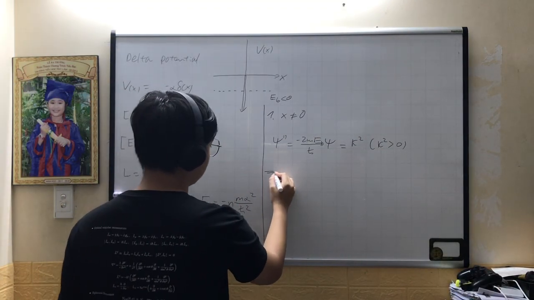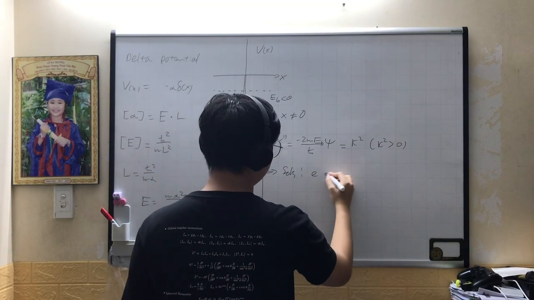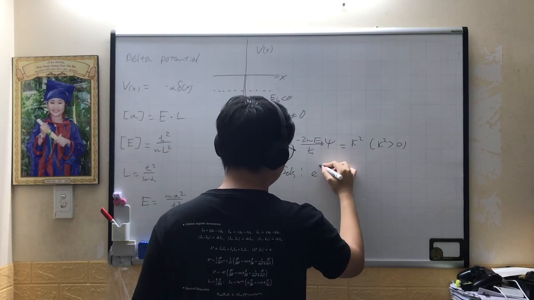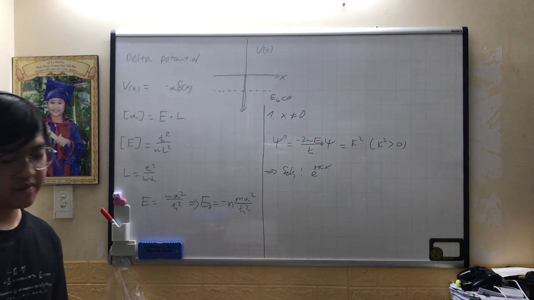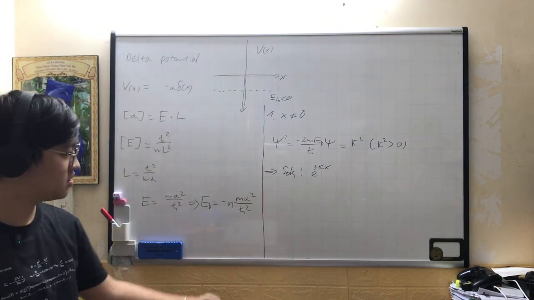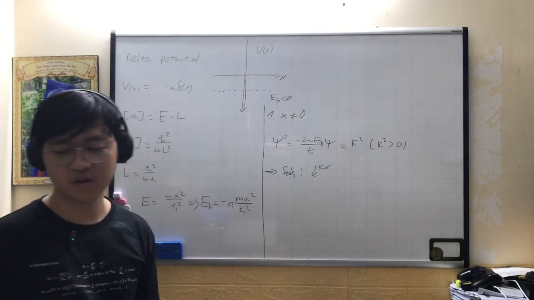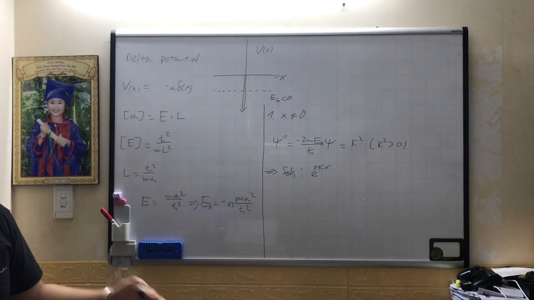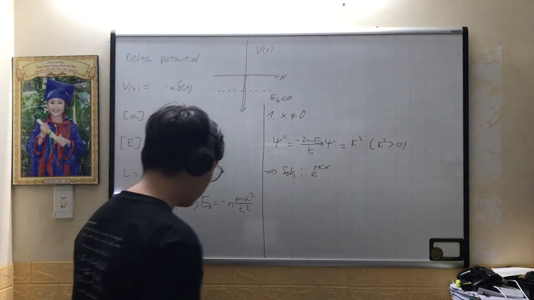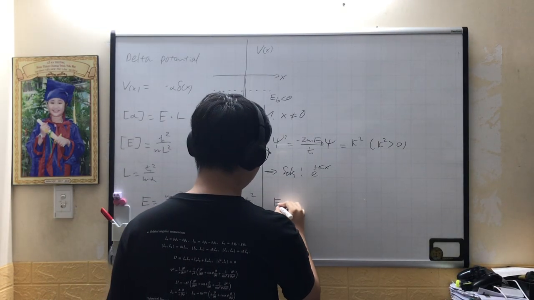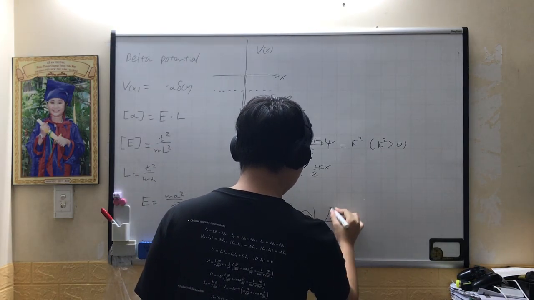So therefore, our acceptable solutions are of the form of exponential functions, so plus minus kappa x. Right, there we go. And from x cannot be equal to 0, we can also say that in this system there are no odd bound states. As you know, when you have E1, this is the origin, it would be something like this.